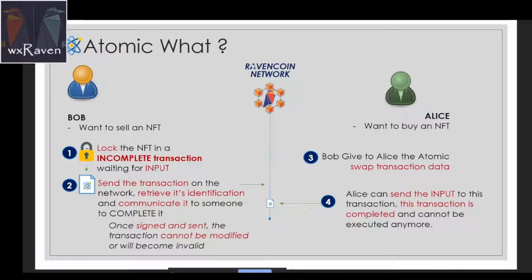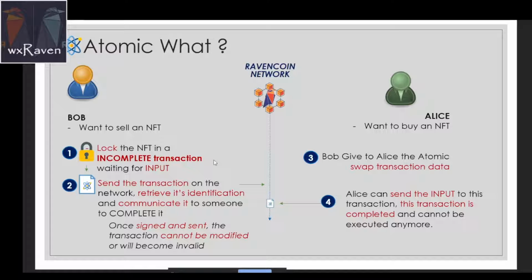So the process that we are using to manage the peer-to-peer market is a well-known process in Bitcoin and in Ravencoin, which is called atomic swap. The idea is that we have two actors, or two interlocutors, let's say, and they want to trade directly without having to go through a third party.